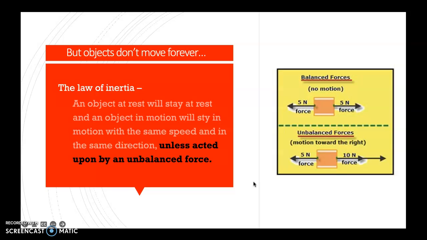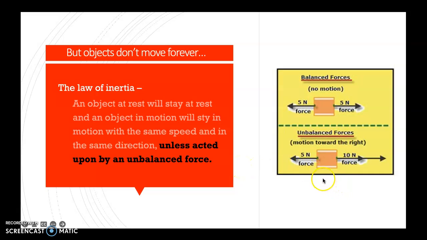But as we know, in real life, objects do not move forever. The second part of the law of inertia, this is crucial, is unless acted upon by an unbalanced force. If forces are balanced, as we just talked about, then an object is going to stay in whatever motion it is.